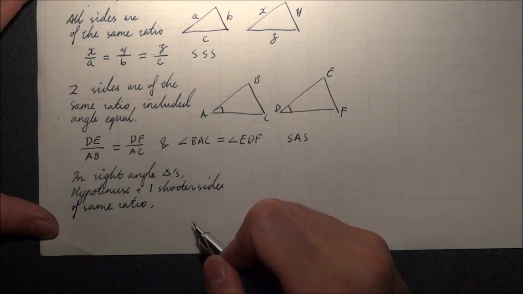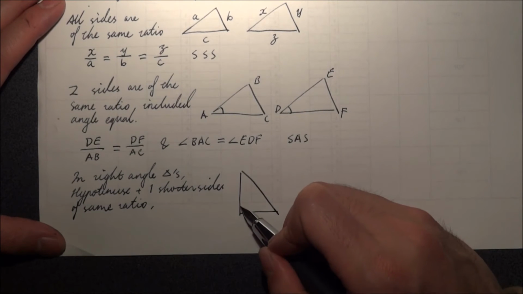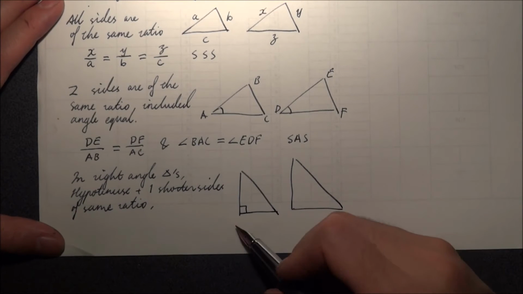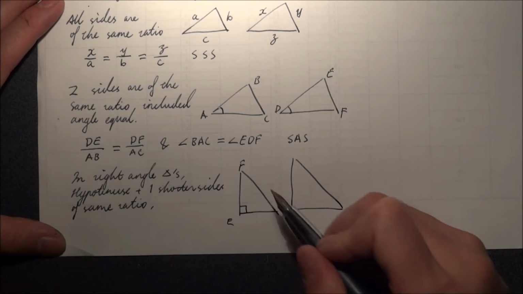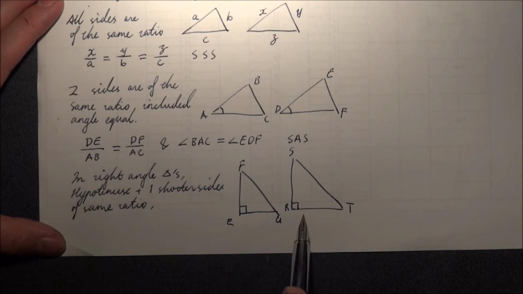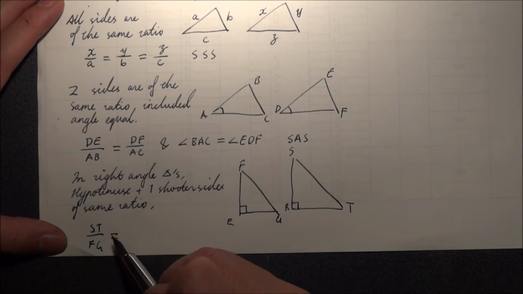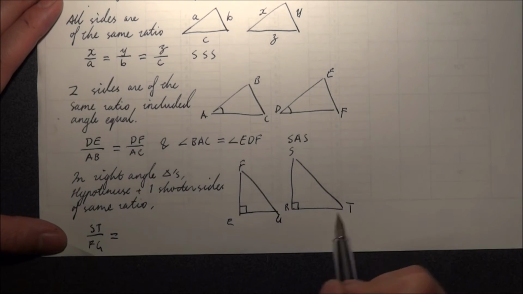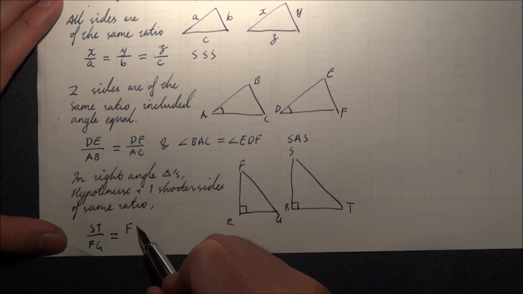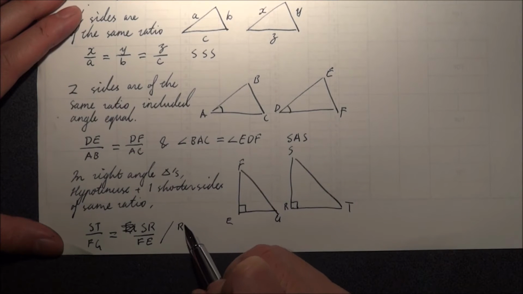So basically all this means is that if we have two right angle triangles, let's call them, say, EFG and RST, then angle FEG equals angle SRT, so right angle, and ST over FG equals, if you can identify these are right angle, then everything's set, equals to either, correction, SR over FE, or alternatively RT over EG.